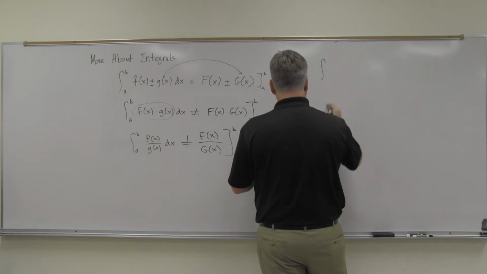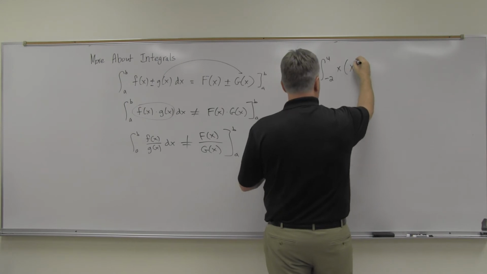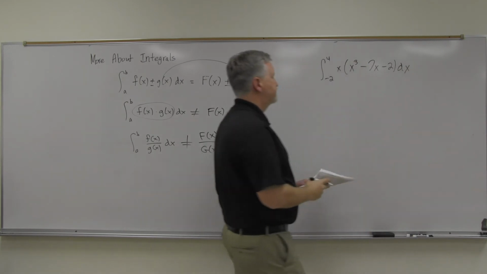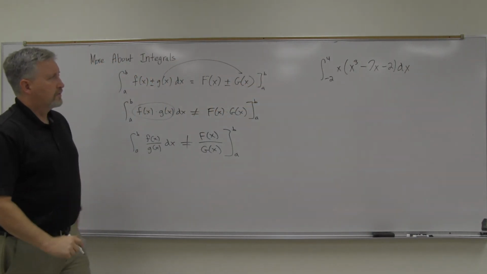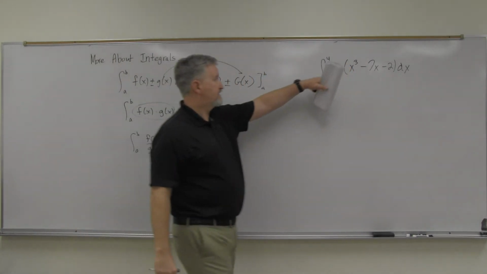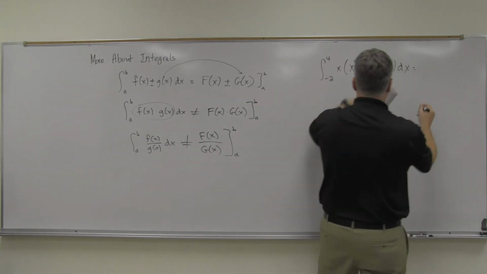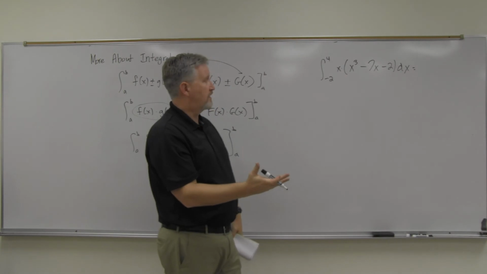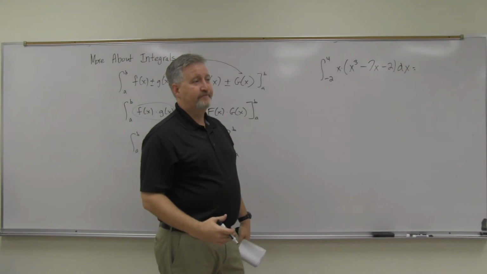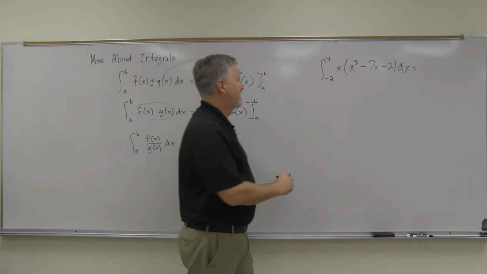So let's say we've got the integral from -2 to 4 of x times x cubed minus 7x minus 2 dx. Now, one thing we can do when we have multiply, what we can't do is the antiderivative of that times the antiderivative of that. Just doesn't work out. But if you've got a multiplication where you can actually do the multiplication, then that's probably the way you want to go about it, because other alternatives are not quite as nice.